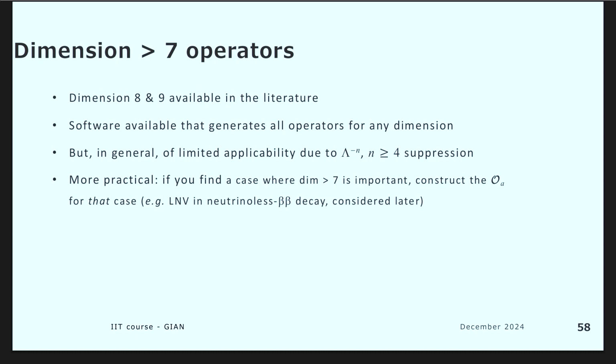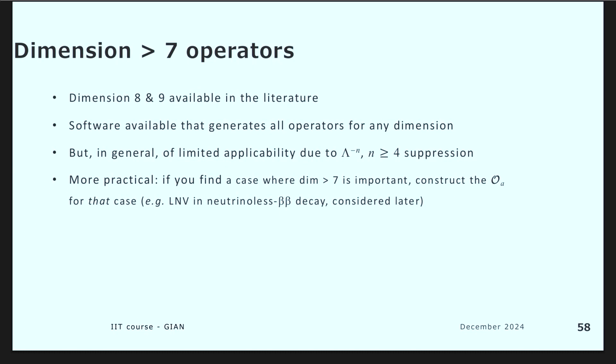And they're just lists. I guess they're written because the authors could do it, but to be honest, I don't see the point in going around and listing all operators. What I'm trying to say is don't think the fact that there's no dimension 10 operator list is an opportunity for research. This is not to do.